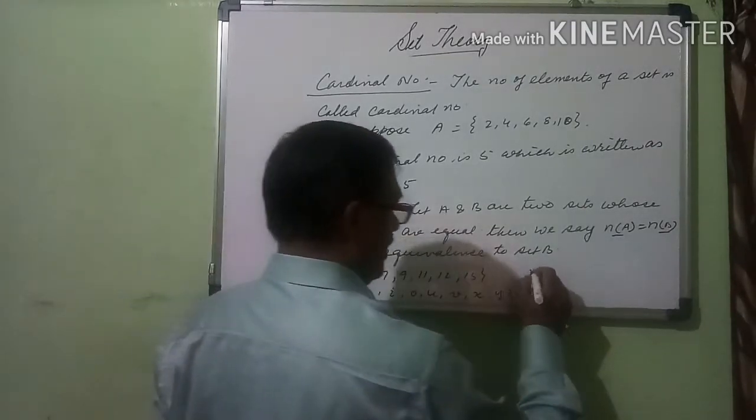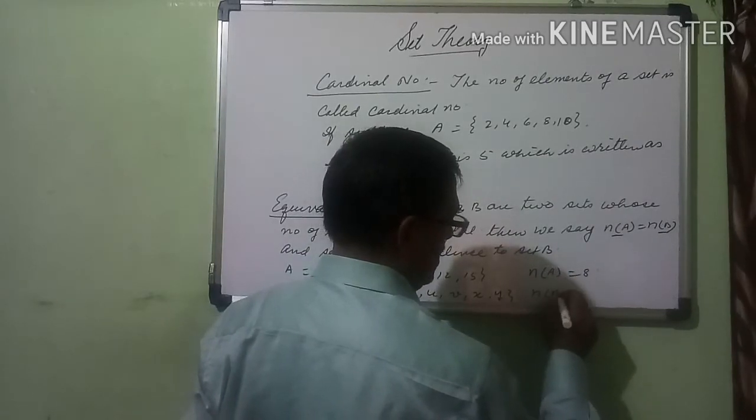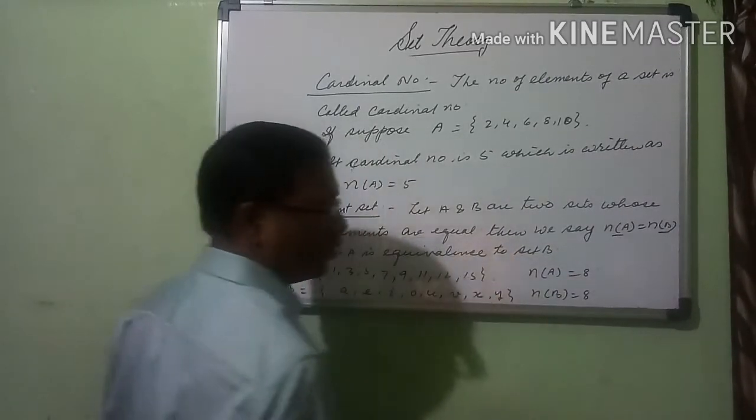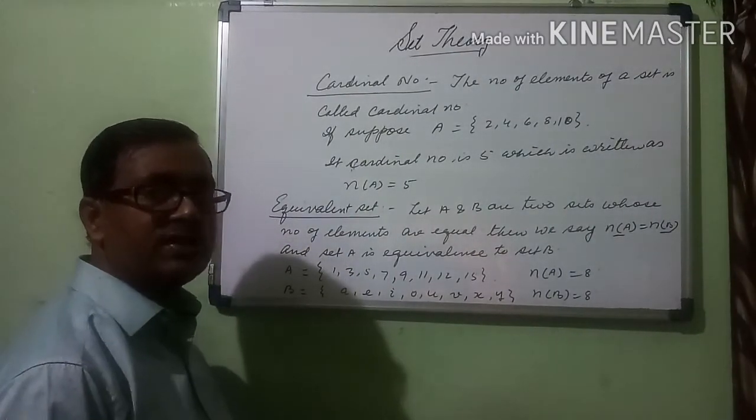So n(A) is equal to 8 and n(B) is also equal to 8. So what would you say? That these two sets A and B are equivalent to each other.